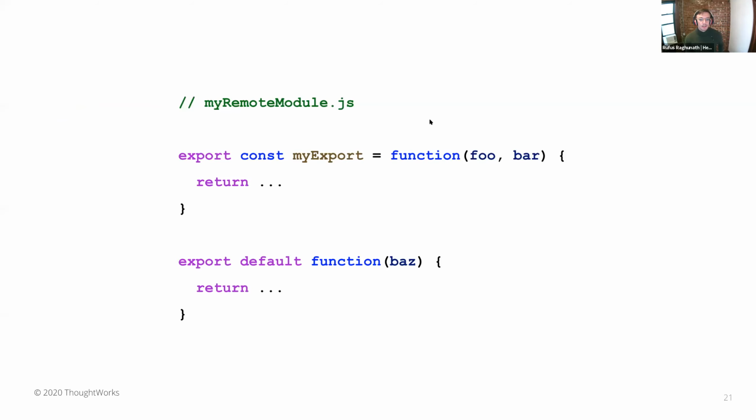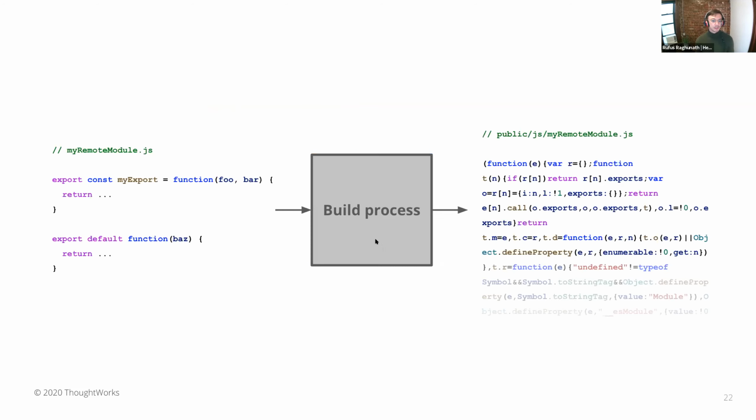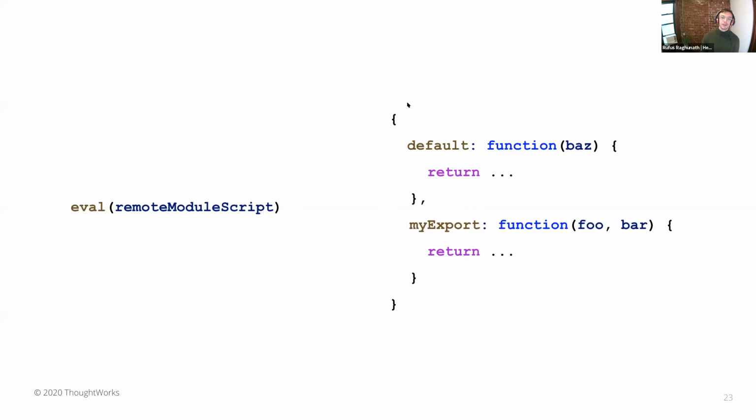So this is what a remote work module might look like. At the top level, you might have two exports, a named one called myExport, which is a function that takes 2 arguments and returns something. And then you might have a default export that takes an argument and returns something. Importantly, your build and bundling process needs to take that, resolve all of the references correctly as a bundler should, and give you back some gobbledygook JavaScript that ideally is optimized for production, but still returns you an object when you evaluate it.